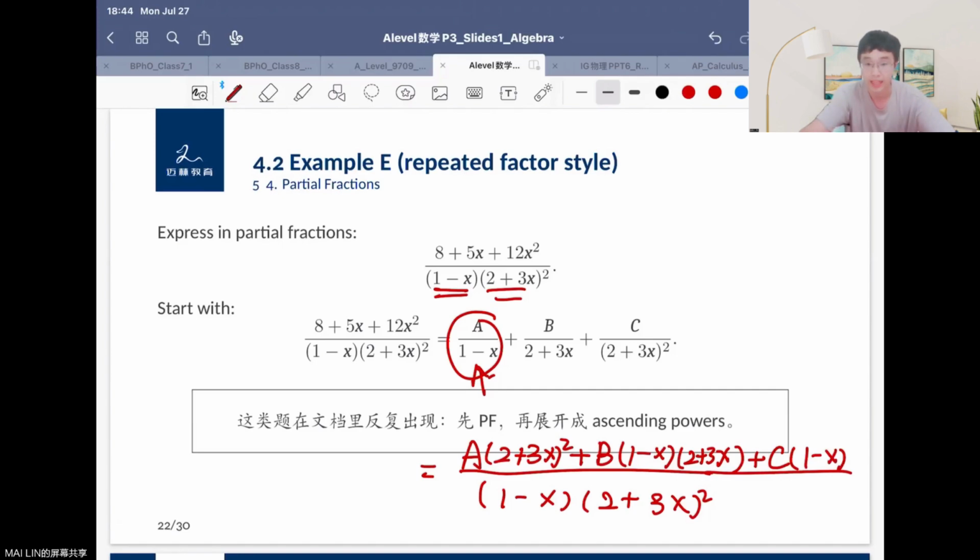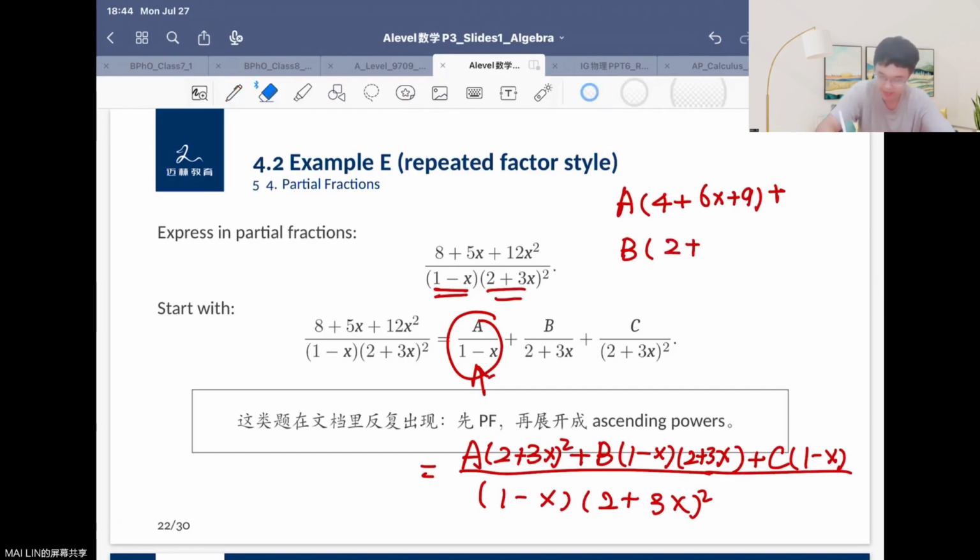Then you simplify it a little bit: a times 4 plus 12x plus 9x squared, and b times 2 plus 3x minus 2x minus 3x squared, and the last one plus c times 1 minus x.